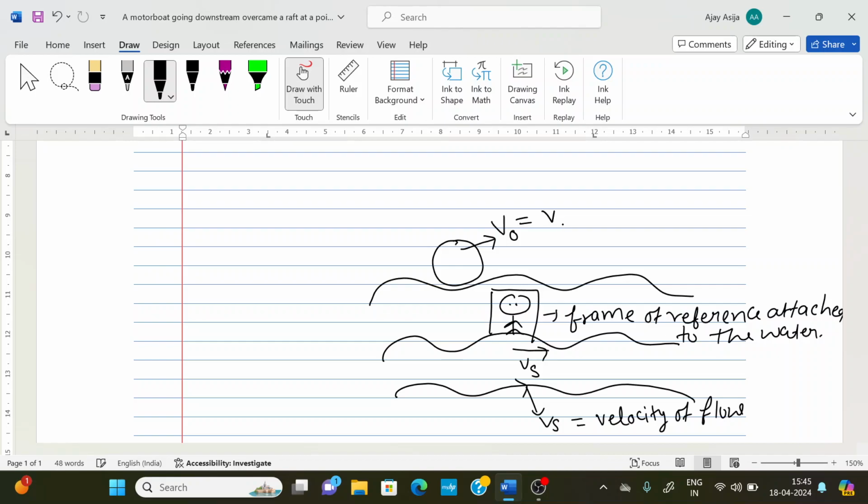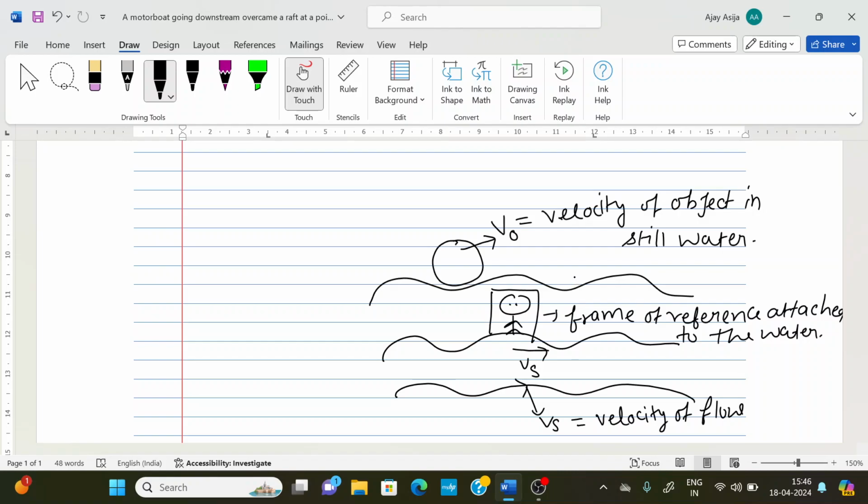This is called velocity of object in still water, or it is called velocity of object with respect to water. Now, why we are saying that this is the velocity of object in still water while water is moving?